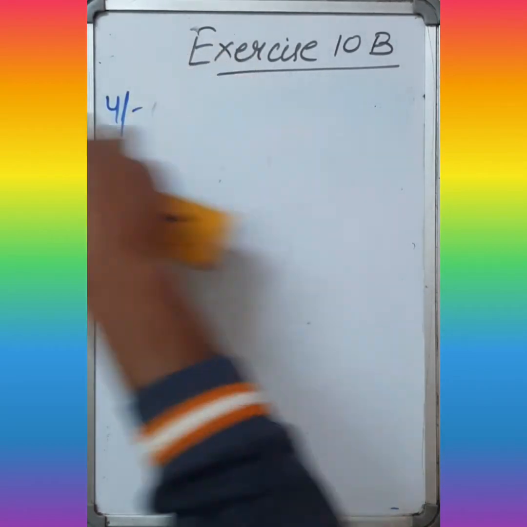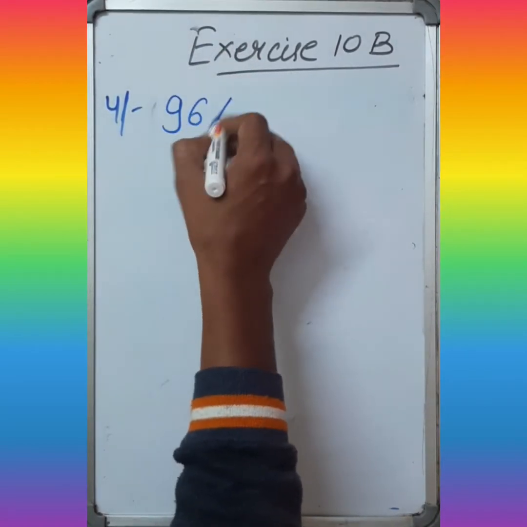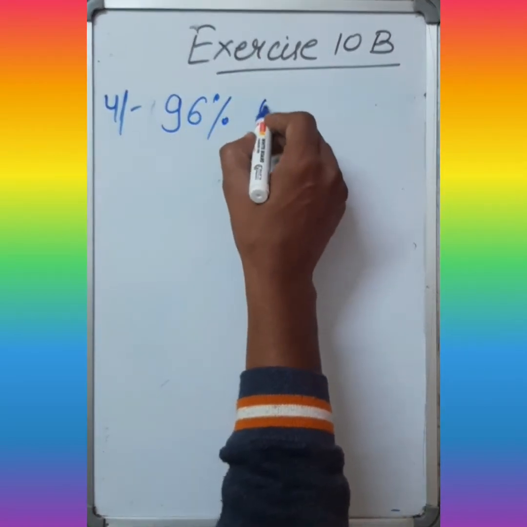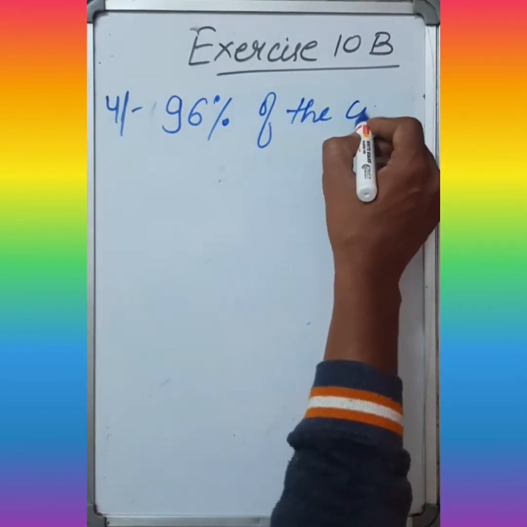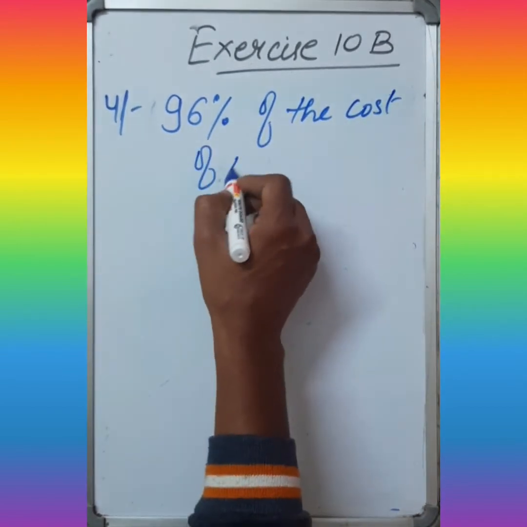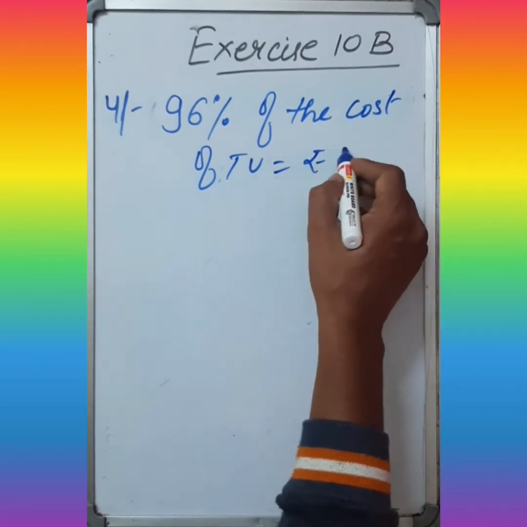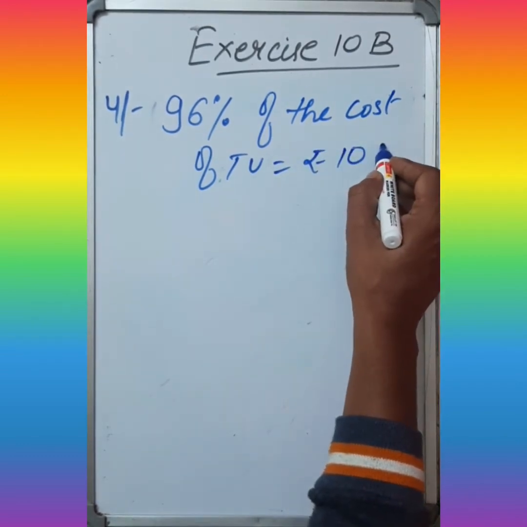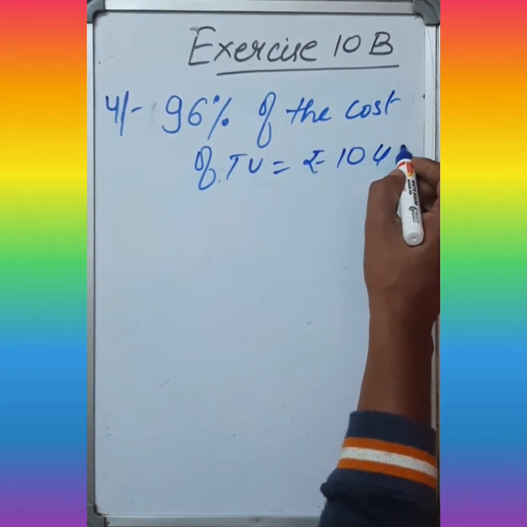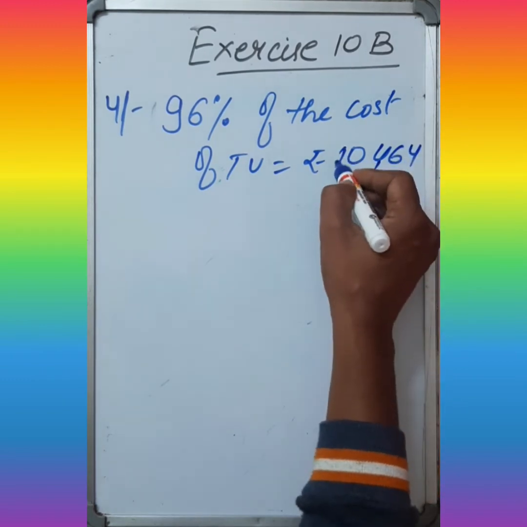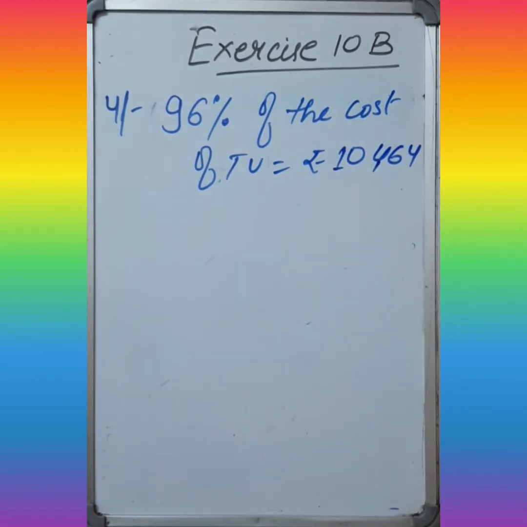96% of the cost of the TV equals rupees 10464. Okay. It is 96% of the value. We have to find its 100% value. So what does it mean?